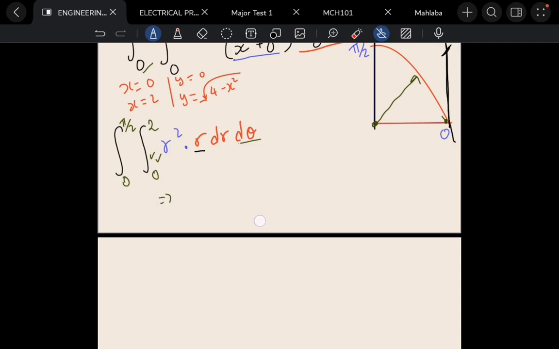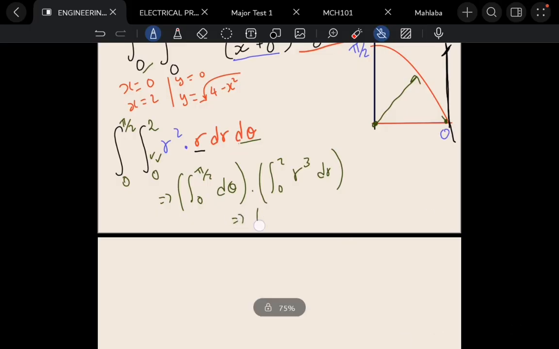So I'm going to have an integral from 0 to pi over 2 d theta times an integral from 0 to 2 of r cubed dr. So I'm going to have pi over 2 if you integrate that, and then 1 over 4 times r to the 4.